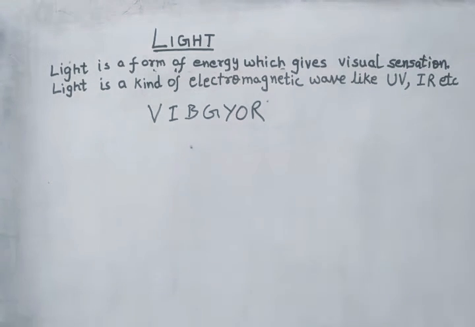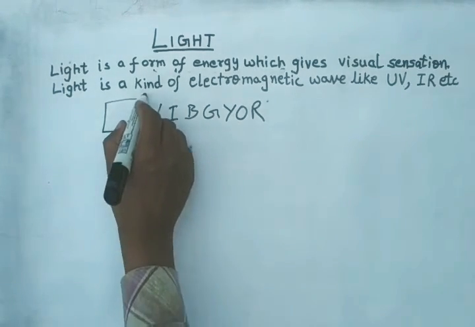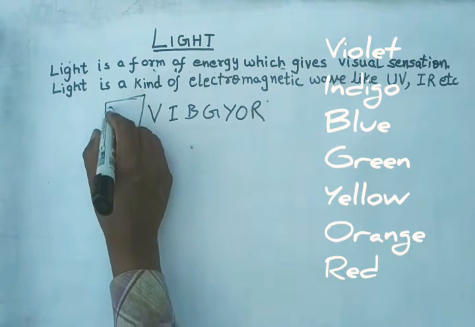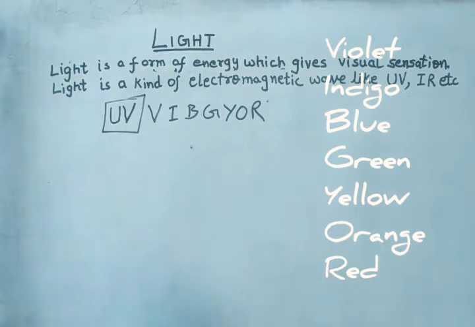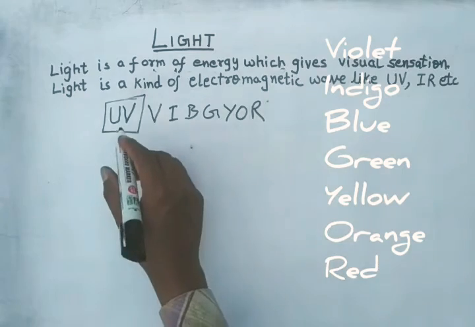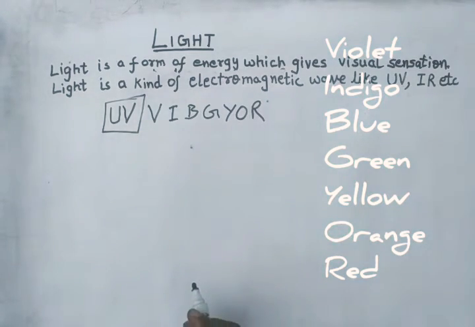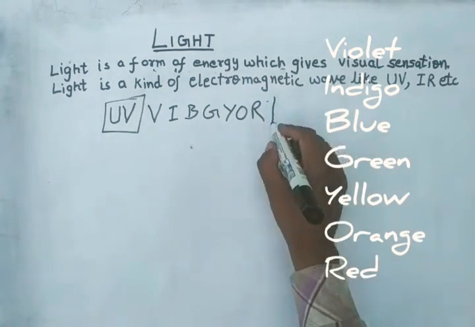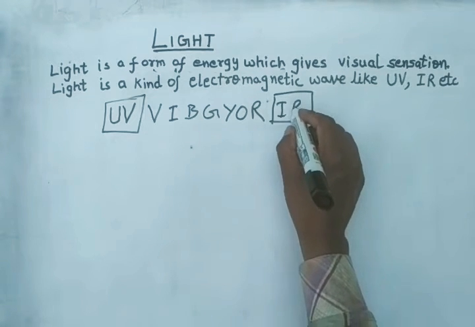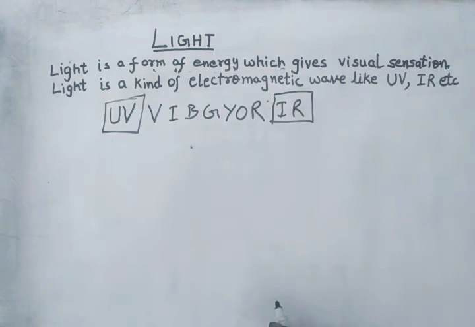And that is why the rays before violet are called ultraviolet, which we can't see, but which can do tanning on our skin. And infrared, which comes after red. Infrared means heat. When near a hot body we receive warmth, that warmth is actually infrared radiation.